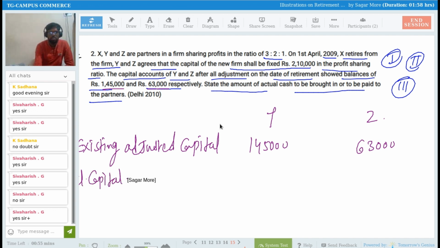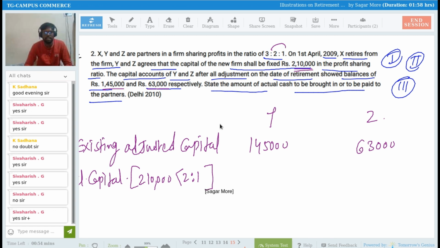It is given that their closing capital will be 2,10,000 together, right? So that 2,10,000 rupees I need to share as per their new profit sharing ratio. What is their new profit sharing ratio? 2:1. So what will be the answer? 2,10,000 in the ratio of 2:1.